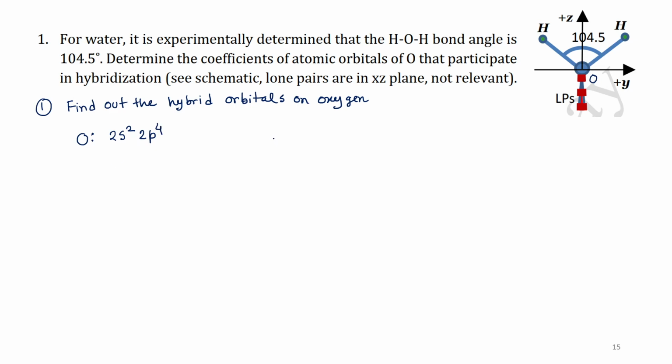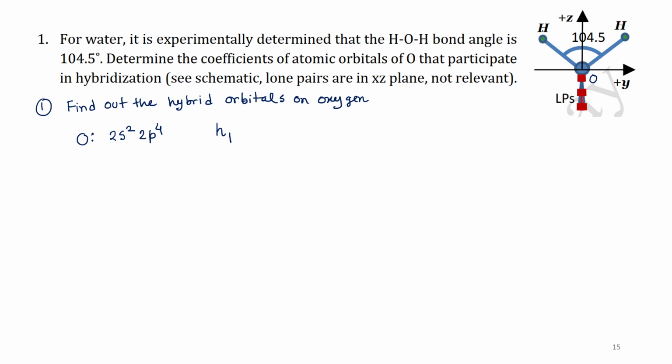So 2s and 2p are going to take part in the hybrid orbitals, that is what I am saying. Okay, so the valence bond. Here let me discuss two more things. From the schematic, it is said that the lone pairs are in the XZ plane. So this is another point.